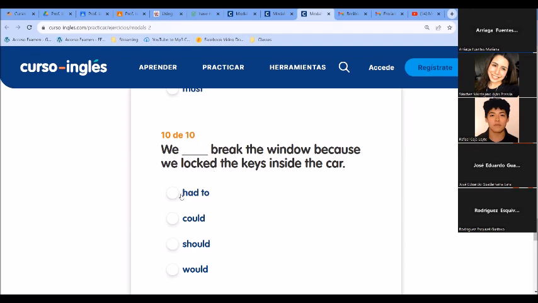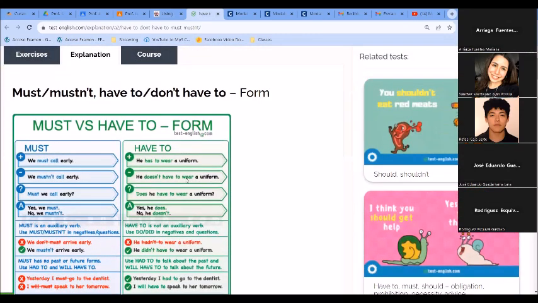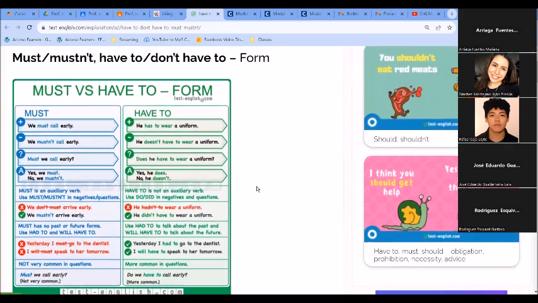Tuvimos que. We had to. We had to break the window because we locked the keys inside the car. Now, those forms, and notice this is the past tense of the have form, are a little tricky. So let's dive a little bit deeper into those two.